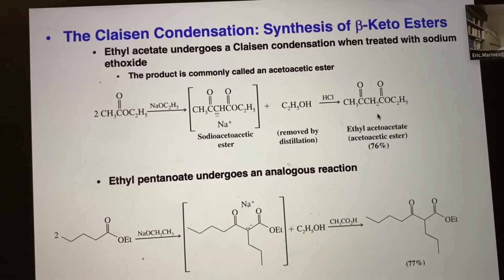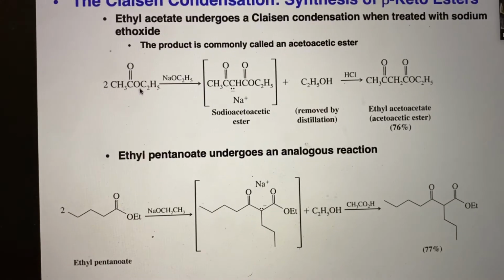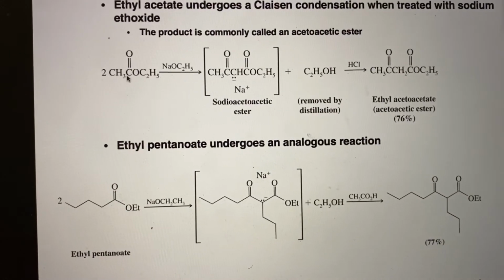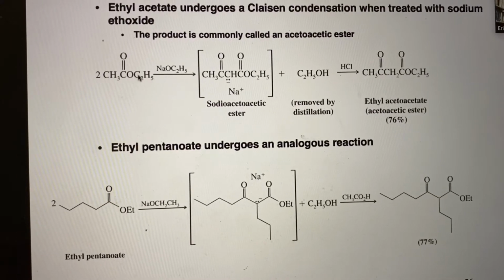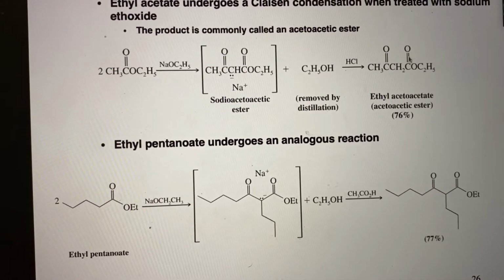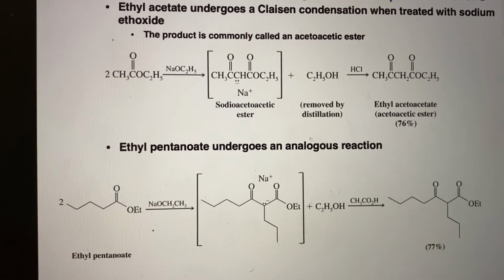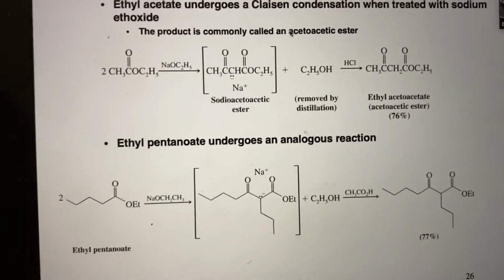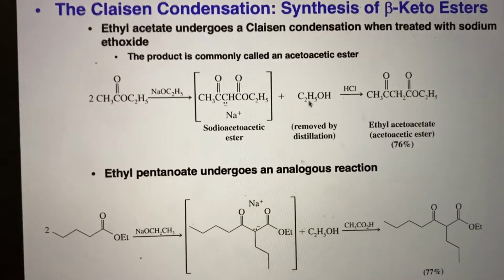Now recognize the following. This molecule here has how many carbons? It has 1, 2, and then it has an ethyl group, right? So it has 4 carbons. Over here, am I getting 8 carbons? No, only 6. The reason for that is you're going to eliminate an ethyl group from the leaving group.